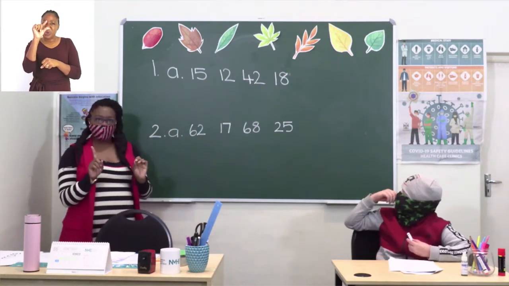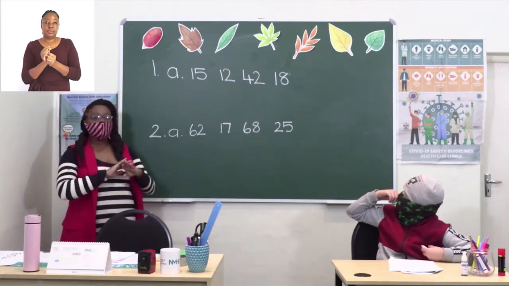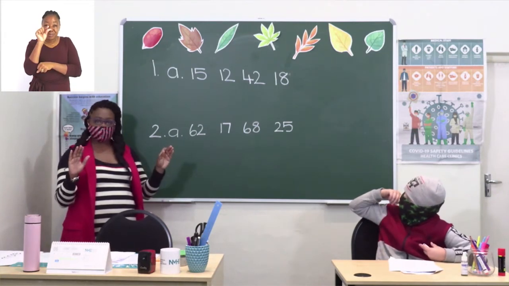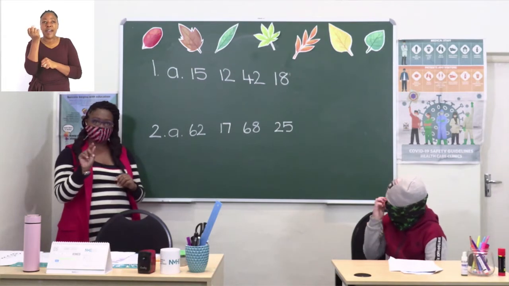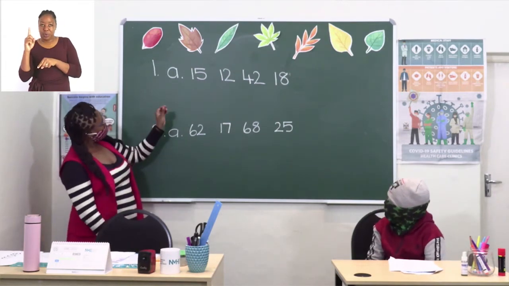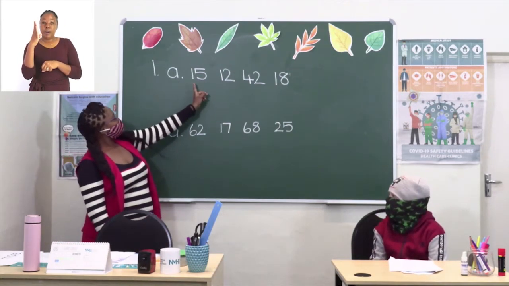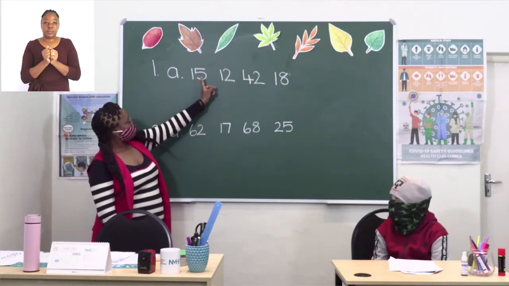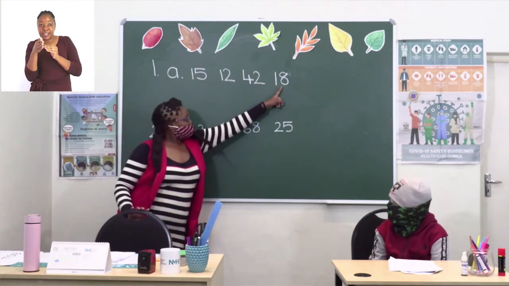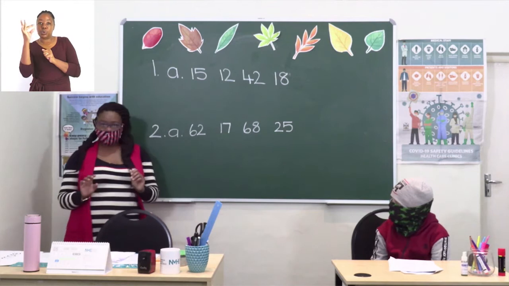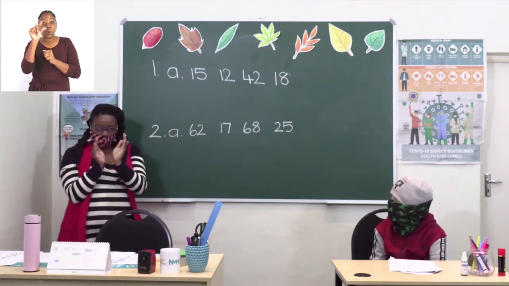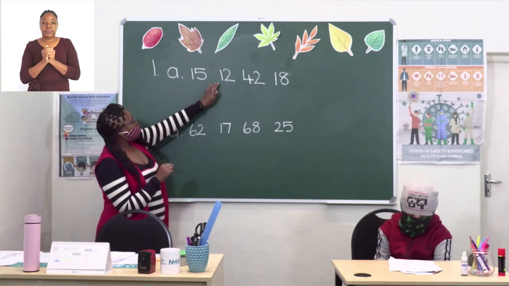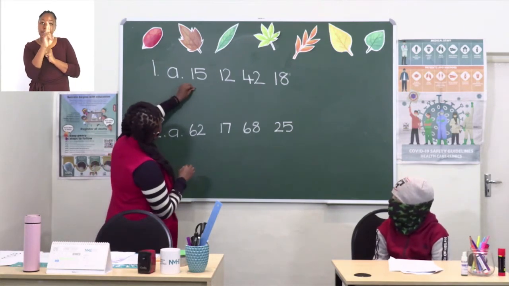Now, if the number is the same for all of them for the first digit, what you are going to do is check the second digit. So let us now check the second digit. We can see that there's a 5, a 2, and an 8. And out of the second digits, we know that 2 is the smaller number. Therefore, 12 is the first number.